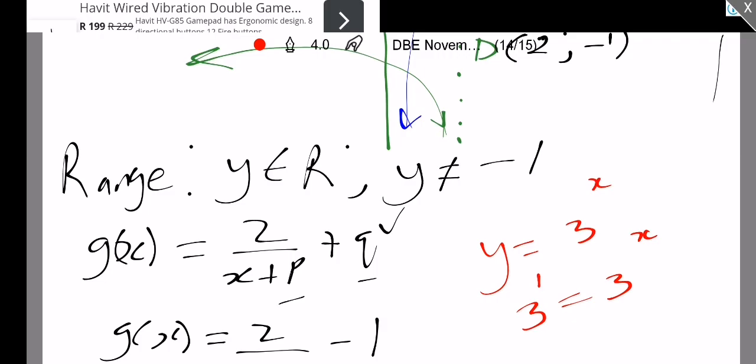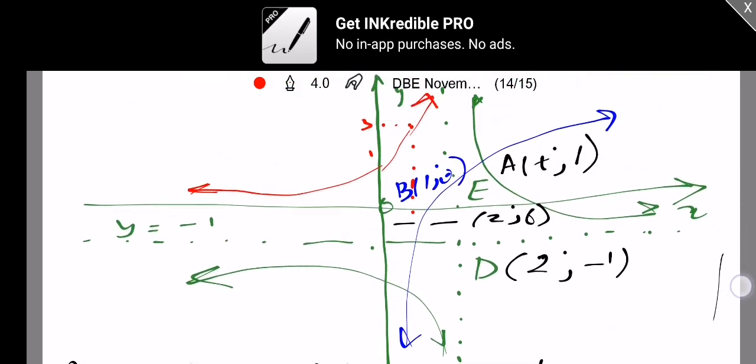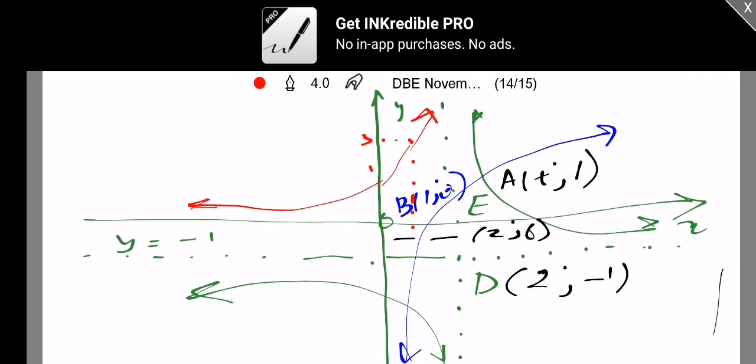The exponent there is 1. Since the bases are equal, you know the rules of solving exponents, you can drop them. Then x is going to be equal to 1. That means the value of x where y equals 3 is 1.